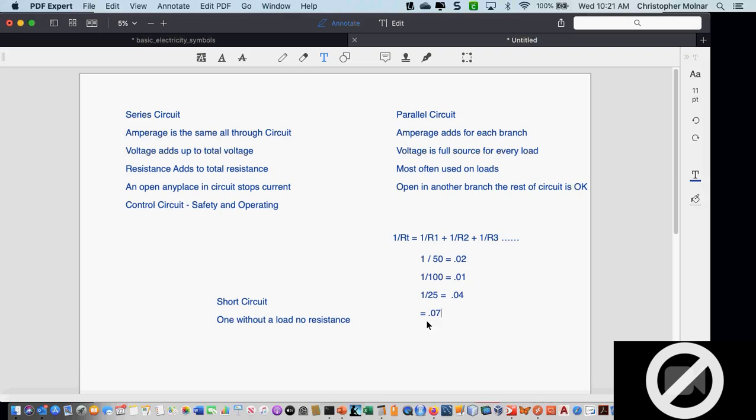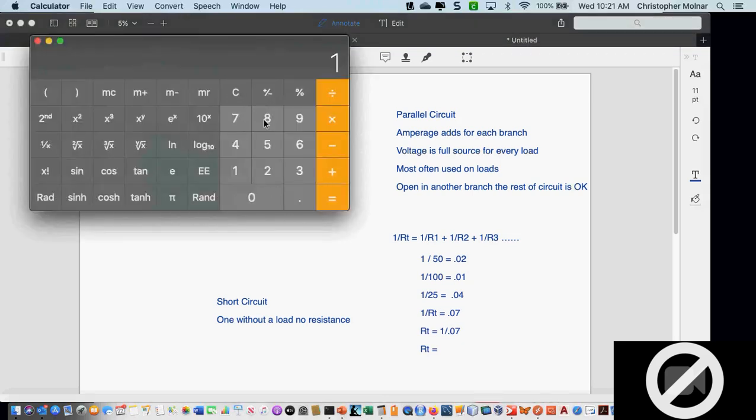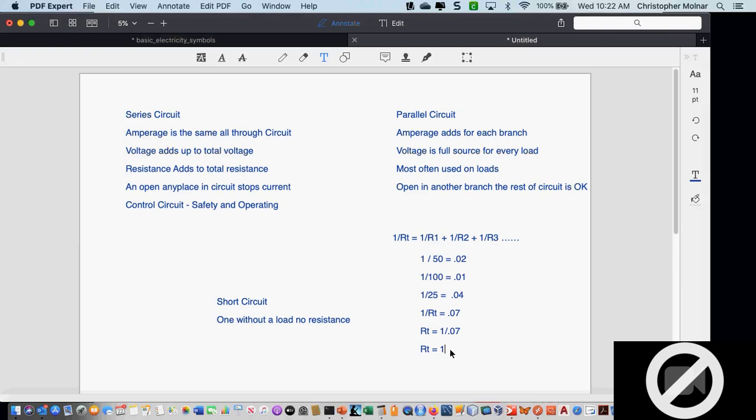Now to find resistance, right now the formula says 1 divided by RT equals 0.07. Remember, what I do on one side of the formula, I have to do on the other. So RT equals 1 divided by 0.07. Going to my trusty calculator, 1 divided by 0.07 is, let's say, 14.3 ohms.